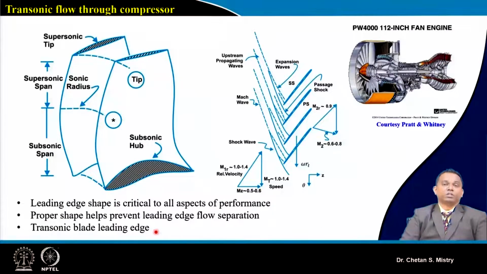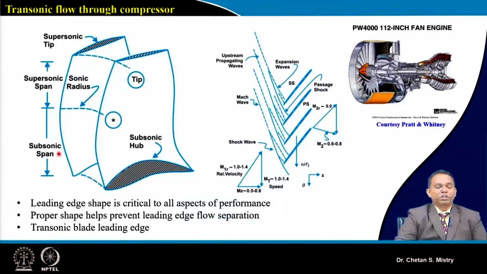Now as we have discussed, suppose we are considering our high bypass ratio engine, so here this is a good representation. We can say up to a certain span we will have our flow be subsonic flow, and near the tip region, or towards the tip region, the flow will be supersonic flow. Okay, now here it is very interesting that we will have a transition of flow, subsonic to supersonic, along the span.